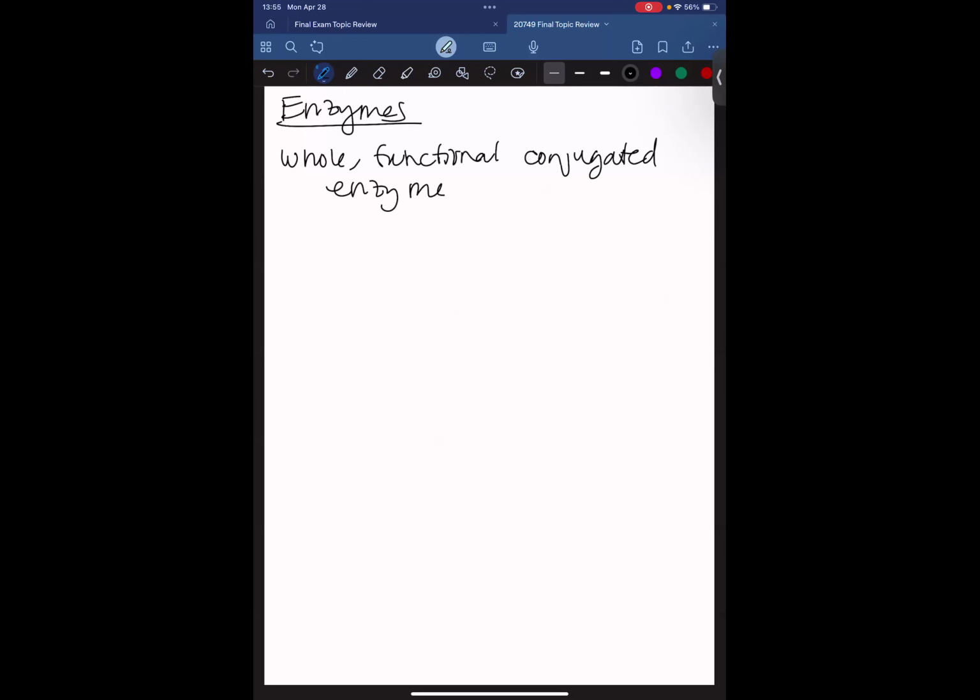All right, so that brings us into our enzymes. An enzyme, its whole entire functional structure, if it is a conjugated enzyme, meaning it has multiple parts, that whole entire structure is called a holoenzyme.